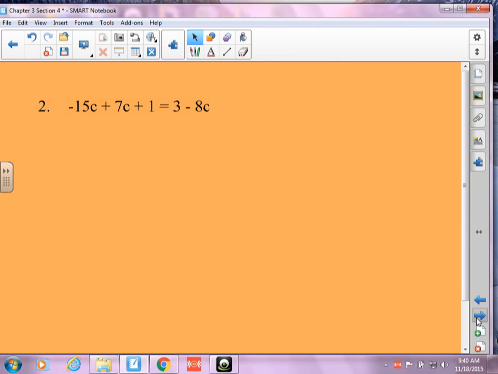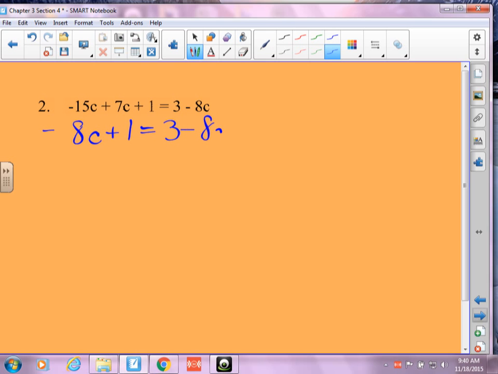What do I do here? What would I do first? Yes. Okay, I'm going to combine my like terms. So negative 15c plus 7c is, okay, so I got negative 8c plus 1 equals 3 minus 8c. Now what do you want to do? Yes. You can minus 1 on both sides, absolutely.